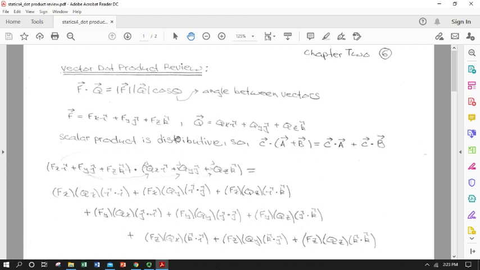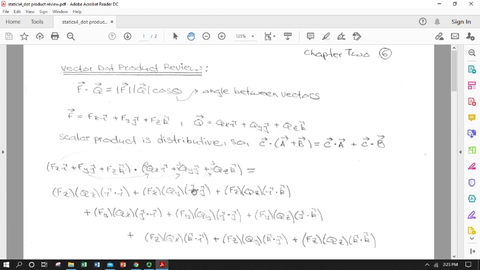Now we can kind of save ourselves some work here by extrapolating this cosine theta portion of the scalar product, the dot product. Anytime we have a unit vector dotted into another unit vector that is different, we've got an angle between the two of 90 degrees, and we're taking the cosine of it because we're taking the dot product.